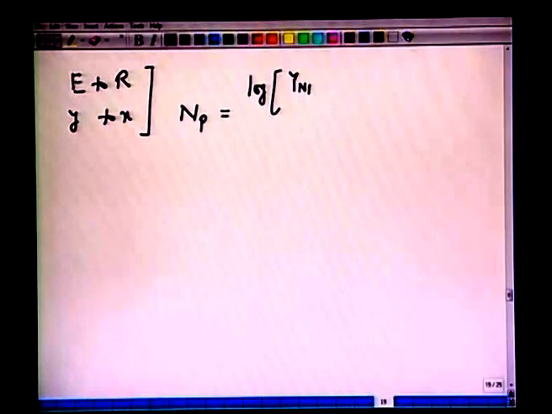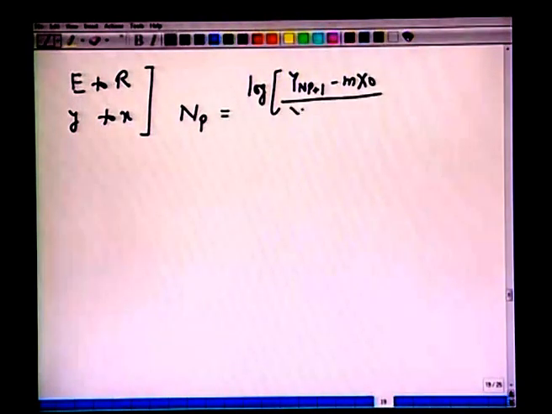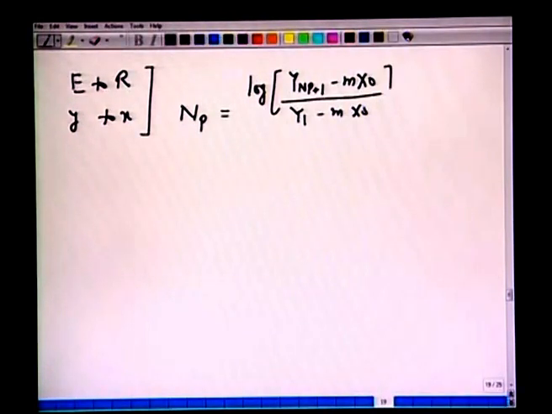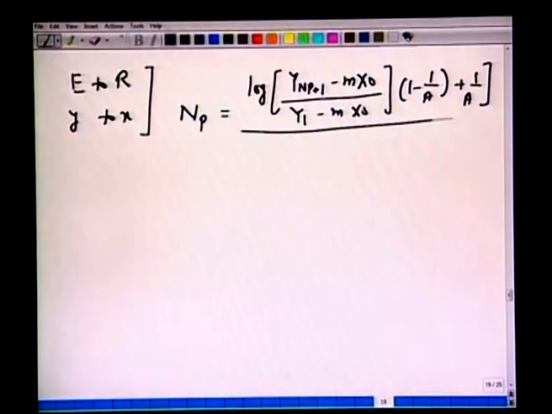Y NP plus 1 minus M x0 over y1 minus M x0, 1 minus 1 over A plus 1 over A, over log A, and here we say that A doesn't equal 1.